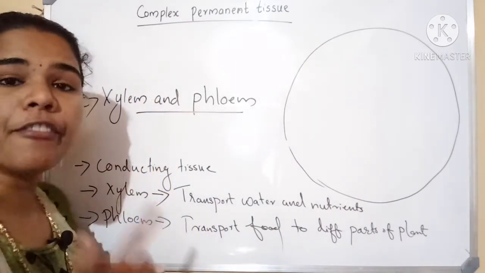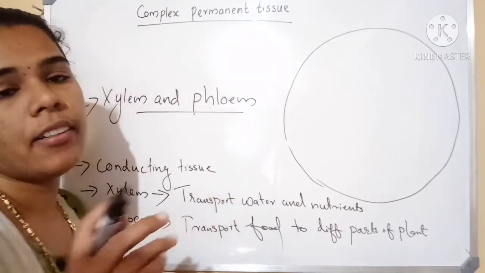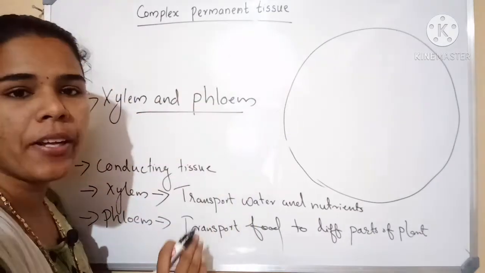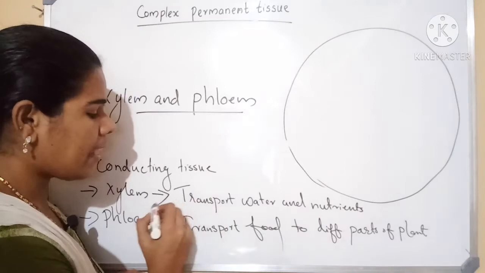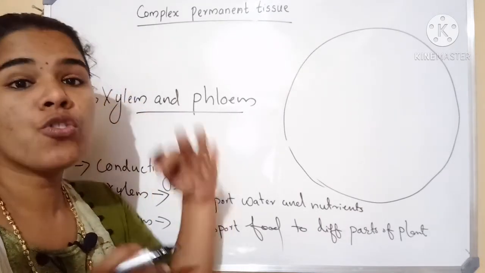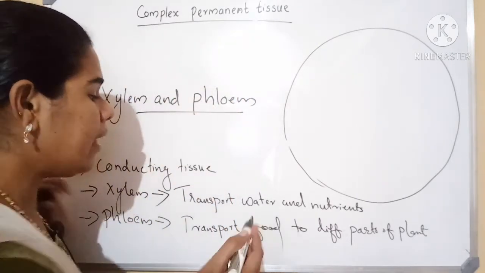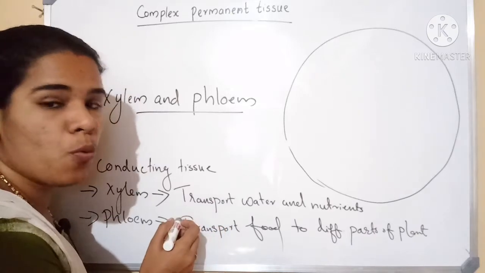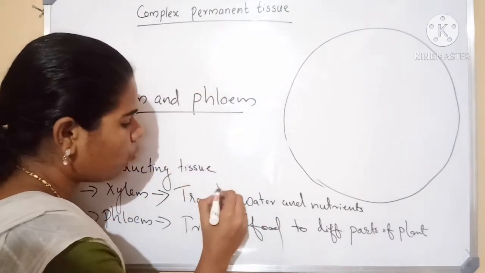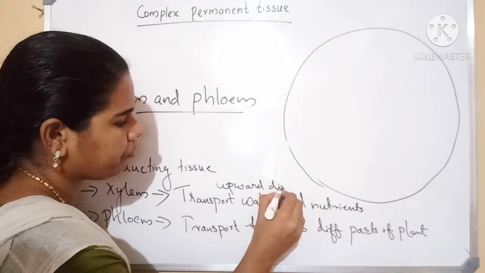And one more peculiar feature: xylem moves in only one direction, upward. It transports water from roots to different parts of the plant body, so the water moves only upward.